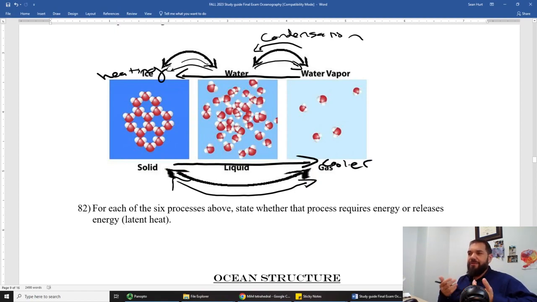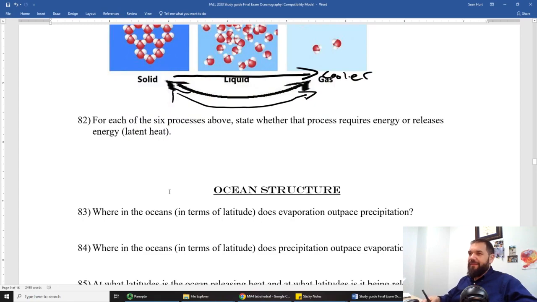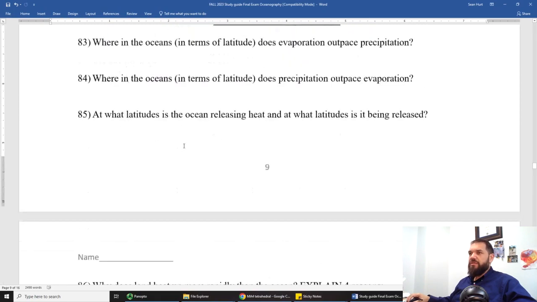So, you know that to go from ice to a gas, you need to heat things up, but the latent heat release is always going to counteract that. So it's going to keep things cooler. So it's going to tend to counteract the force that's moving it to either the solid or the gas phase. Okay, so anyway, enough said about that. You do need to know how that latent heat is transferred as H2O changes phase. Okay, so we've covered 82 there.